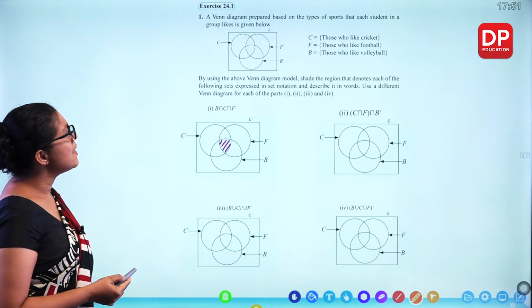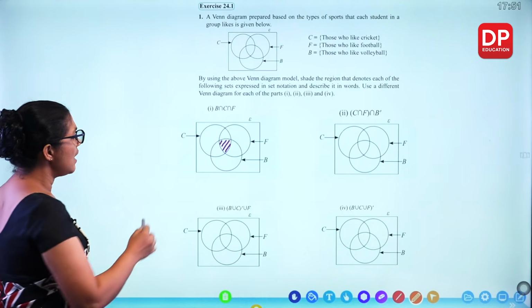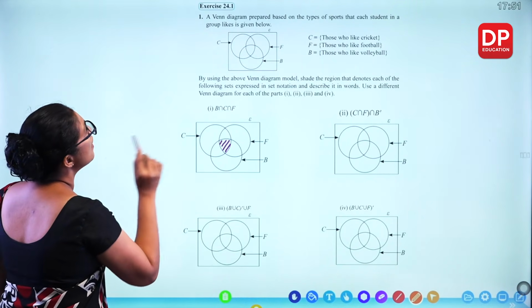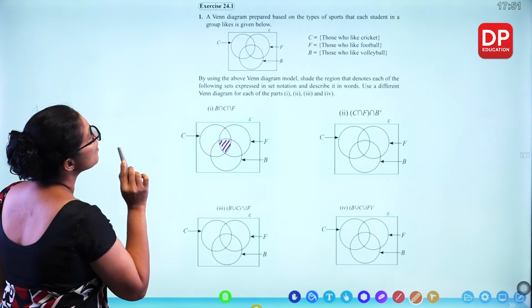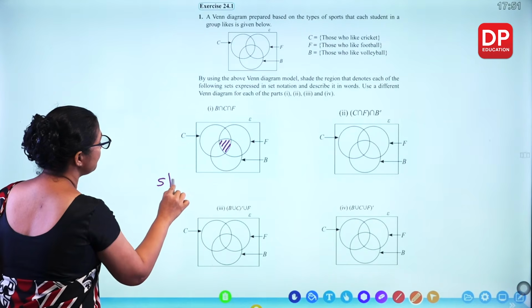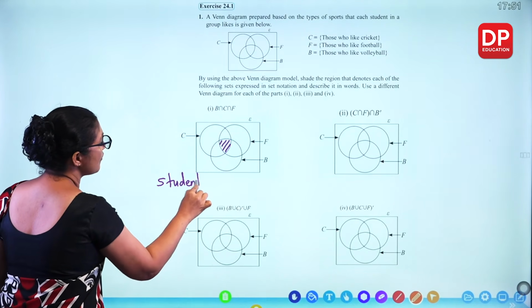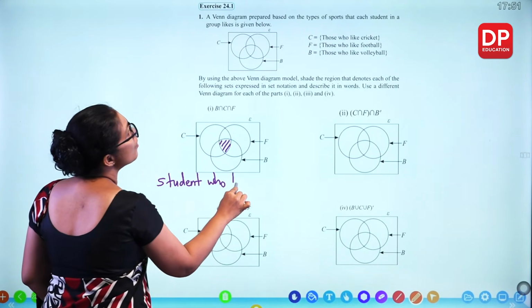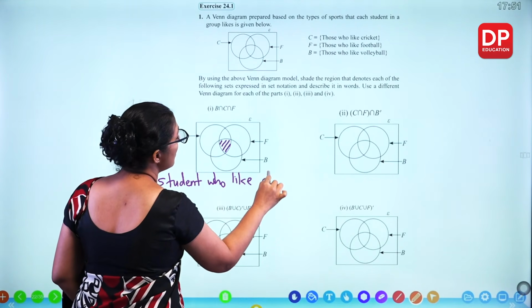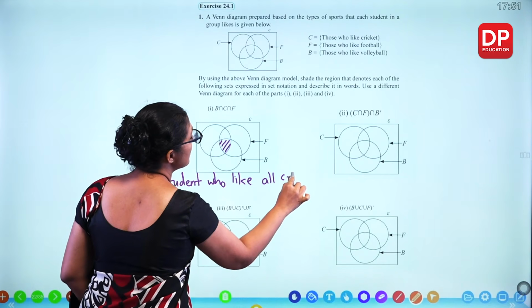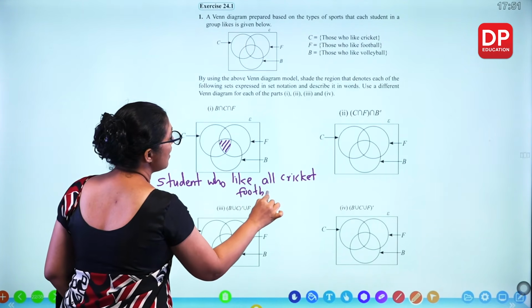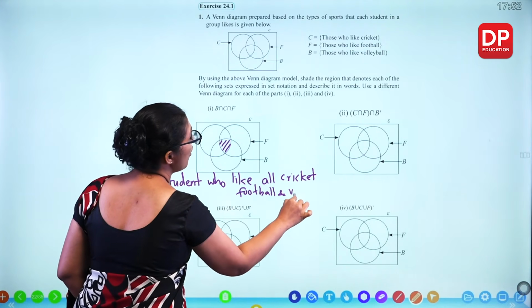So how do we describe this? Playing all sports. Here it says types of sports that each student in the group likes. So that means students who like all cricket, football and volleyball.